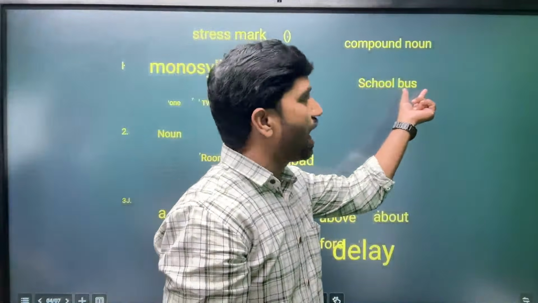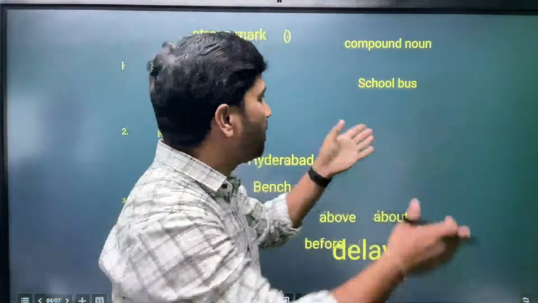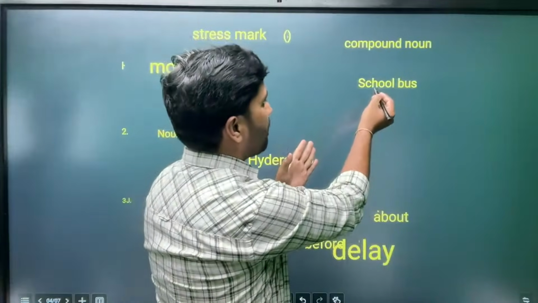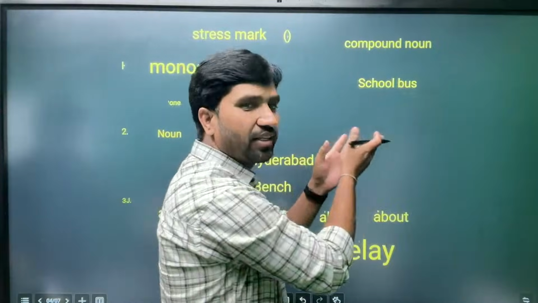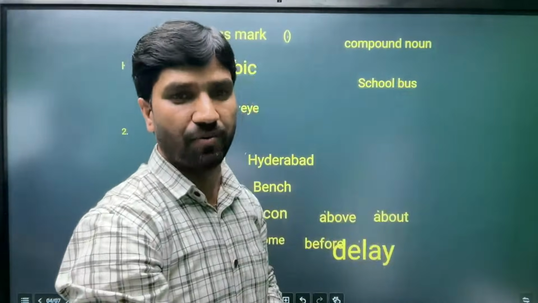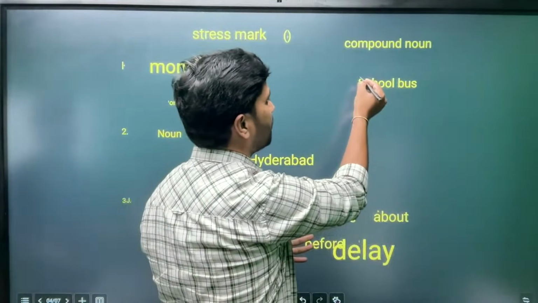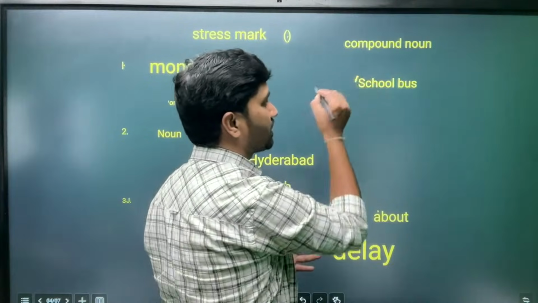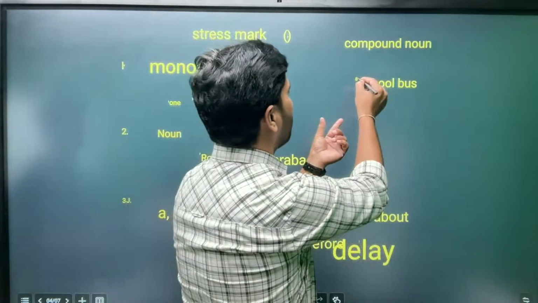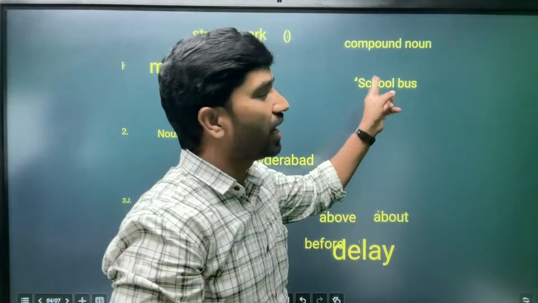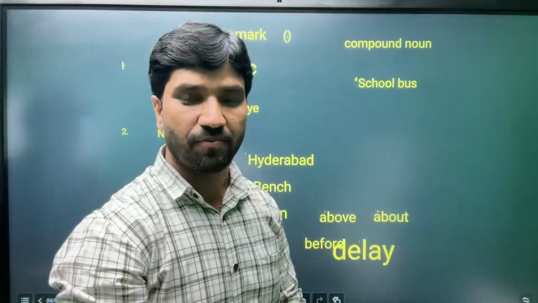School is a noun and bus is also another noun. Now we made a single word. So for this kind of word, place the stress mark on the first letter. Compound noun we used to call. When we find two nouns in the word, the stress mark falls on the first.